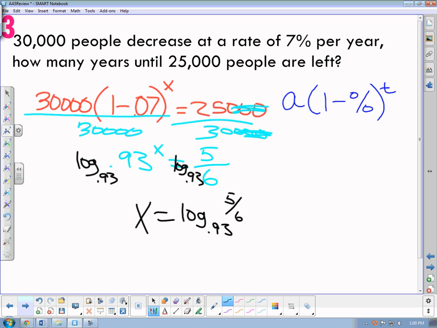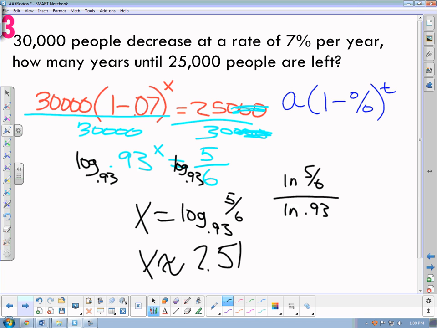Now then, to figure that out, ln of 5/6 over ln of 0.93. And then you will get x equals 2.51. This is going to take 2.5 years for that to happen.